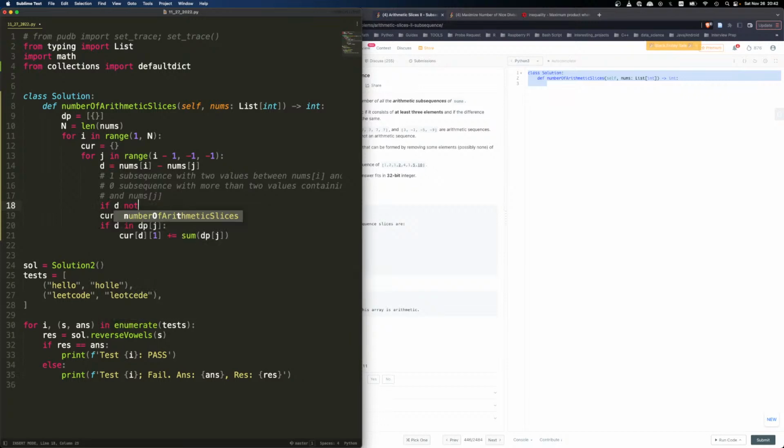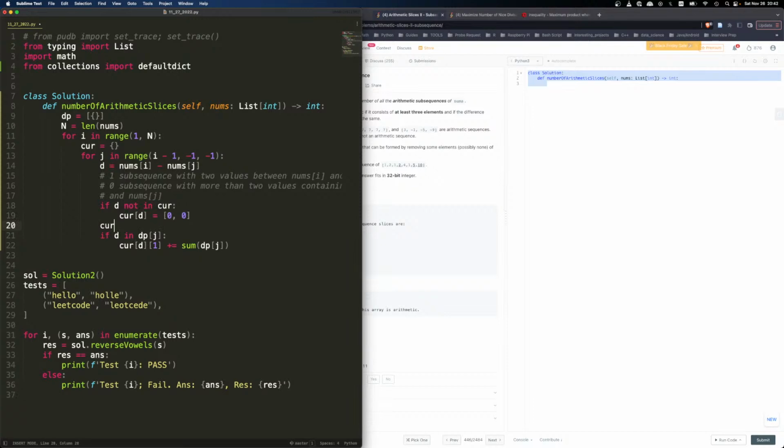If d not in current, then current d equals this, and then current d 0 plus equal 1. Yeah, this is to handle if we have repeated.